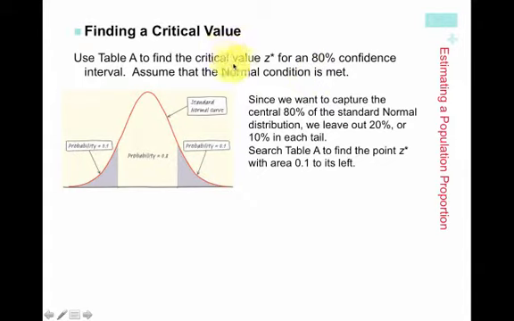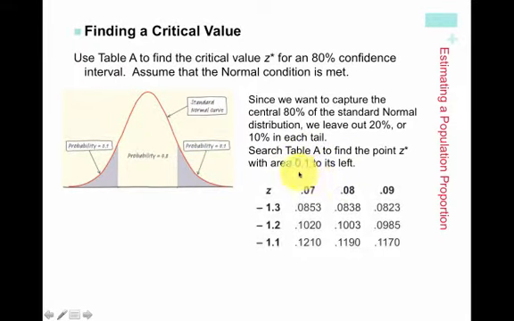Here we want a confidence interval for 80%. We're going to assume the normal condition is met. We want z star. So central 80%, that means our two tails are both 0.1. We can search table A to find the area where 0.1 is left.